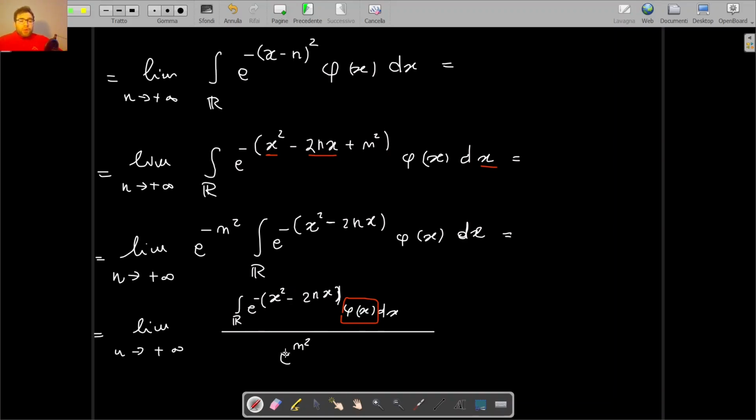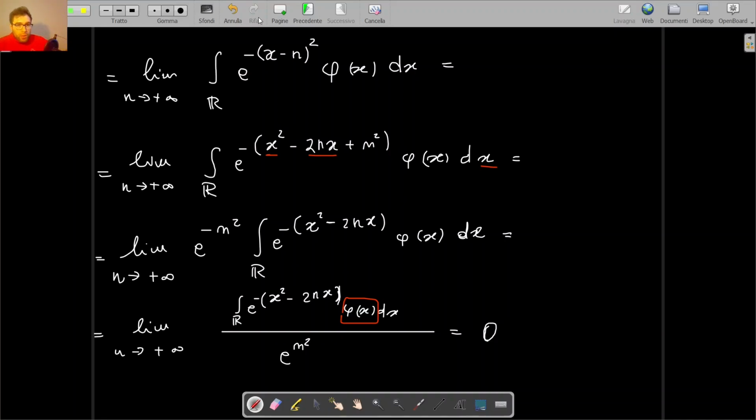On the contrary, we have e raised to n squared, and we have n which is tending to asymptotically large values, and so this element here will grow exponentially large, and since we have a finite value divided by an element which grows exponentially large, this limit will give us 0, and this irrespectively of the test function we choose.